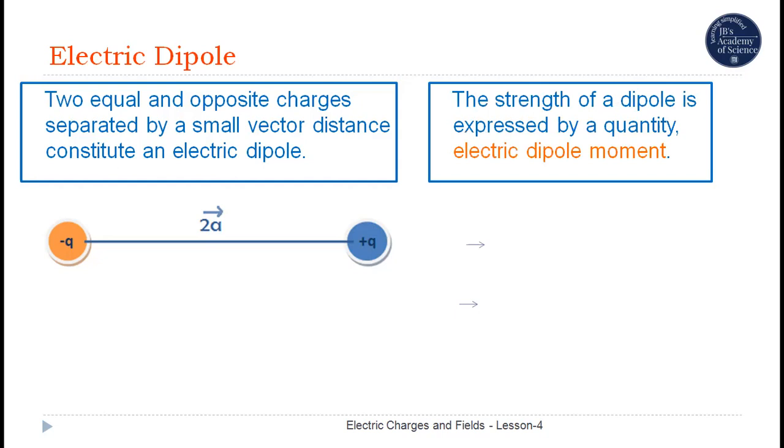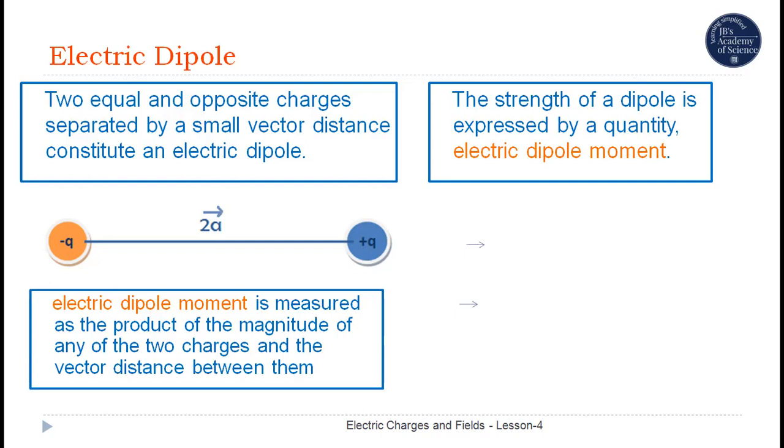The strength of a dipole is expressed by a quantity called electric dipole moment. Electric dipole moment gives the strength of the dipole, and it is measured as the product of the magnitude of any of the two charges and the vector distance between them.